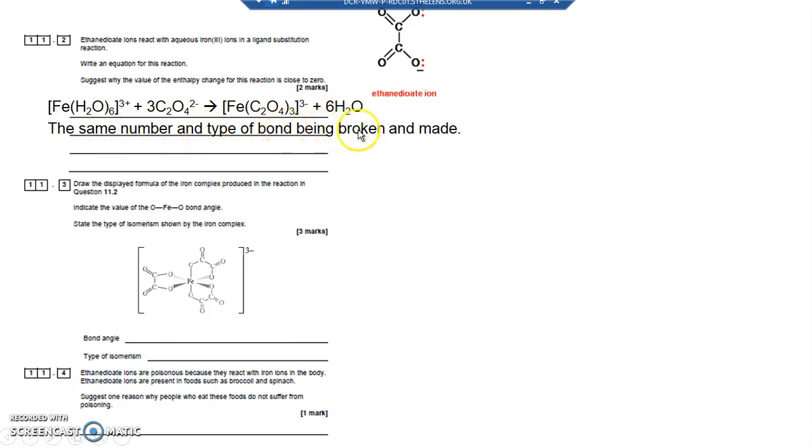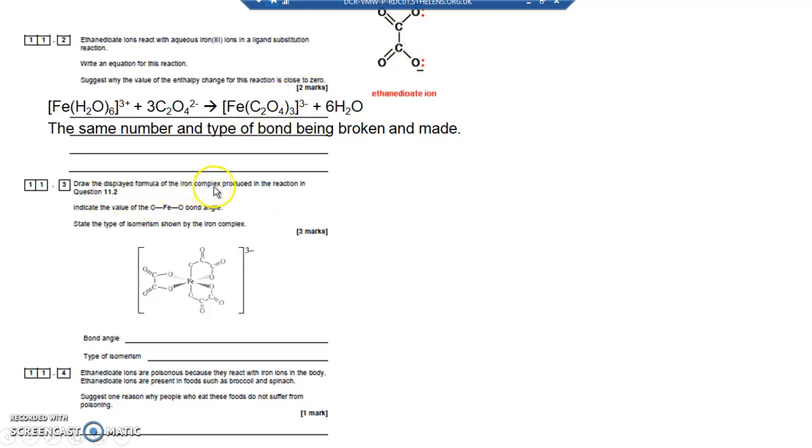So the same number and type of bond being broken as the waters are released, and then the same type of bonds being made, and in the same number, with a coordination number of 6, as 3 bidentate ligands bond.